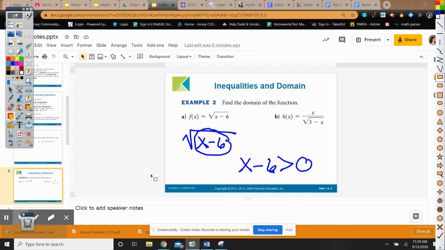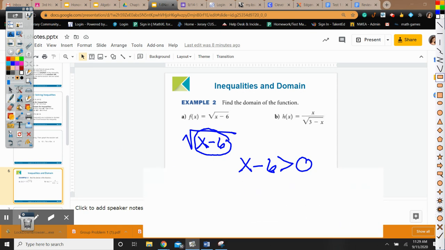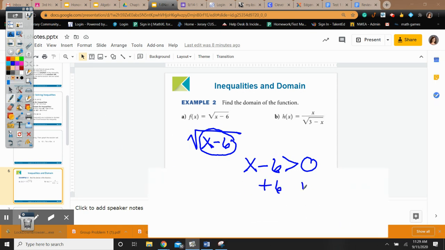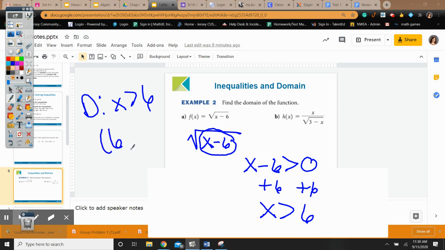That's telling us it can't be negative. It has to be positive. Then you can solve this equation by adding 6, and x would be greater than 6 would be the domain of this guy. So the domain would be x is greater than 6, or you can say, well, it can be anything bigger than 6 all the way to infinity.